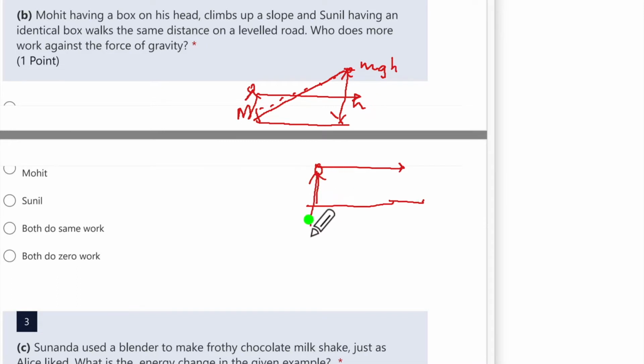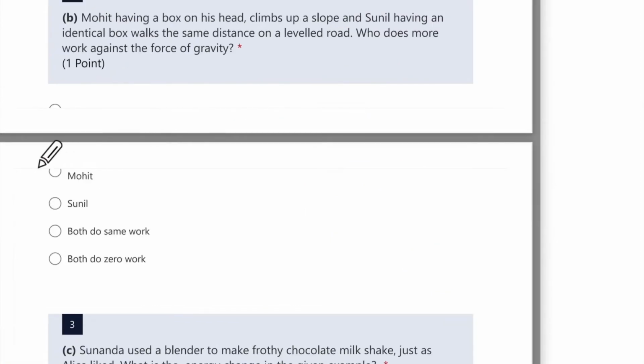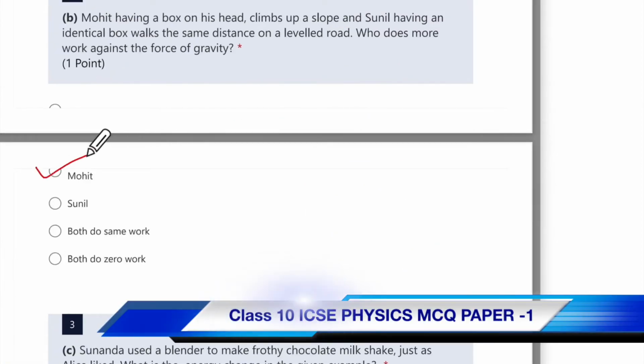So you will see that gravity is making 90 degrees with the direction of displacement, and so the work done will be Fs cos theta, which is Fs cos 90 degrees, which is Fs into 0, which is 0, which is no work done. So who's doing more work against the gravity? Sunil is doing 0 work. Mohit is doing mgh. So the correct option is the first one.